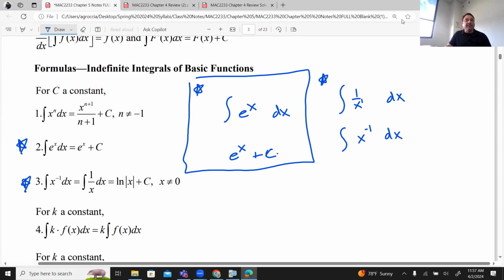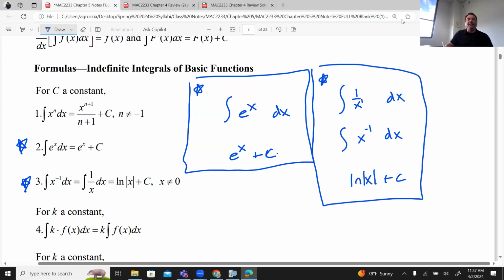So what you're going to learn is the integral of x to the negative 1 is ln absolute value of x plus c. Now again, if you're wondering why, you may or may not remember, but the derivative of ln of x was 1 over x.